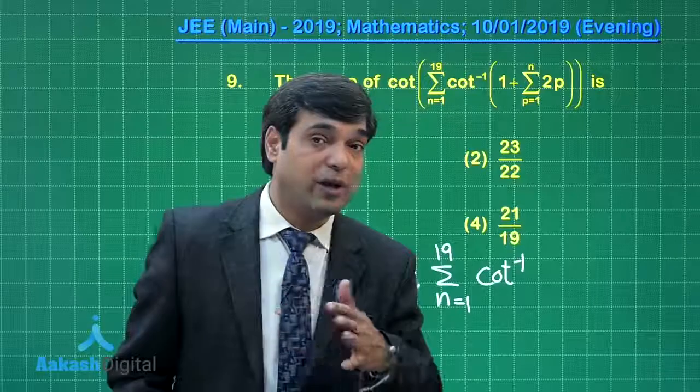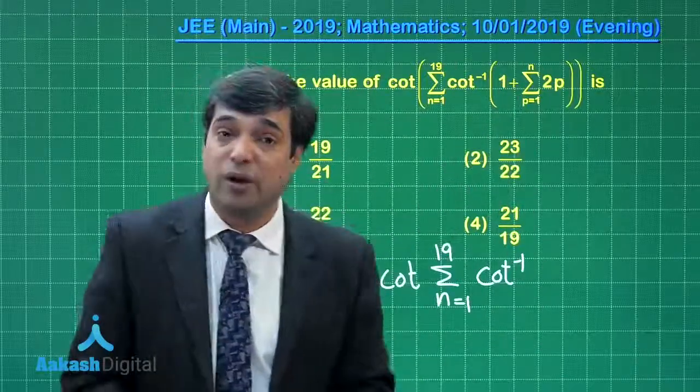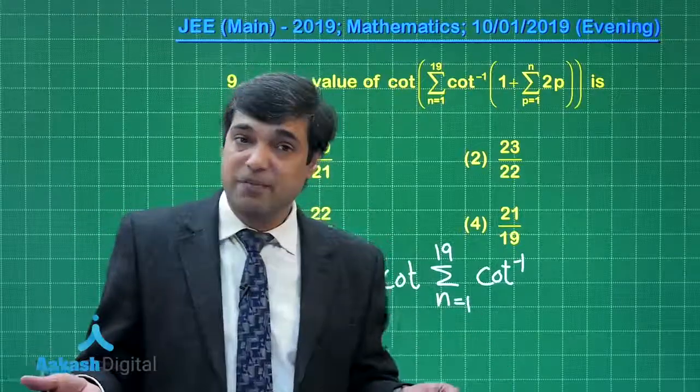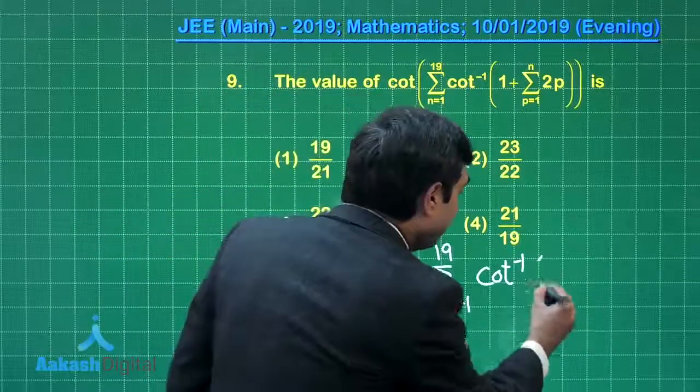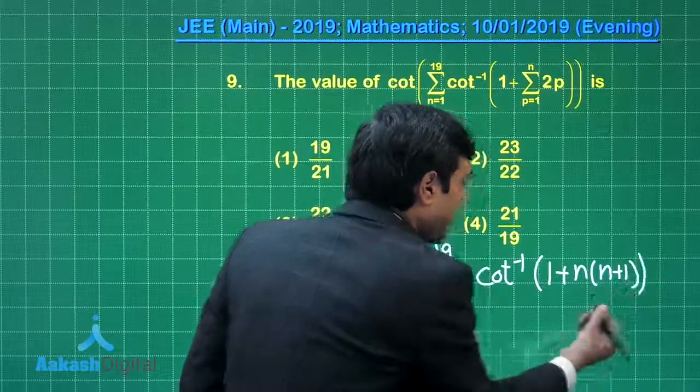When you put 1 to n, this becomes 2 plus 4 plus 6 plus and so on, sum of n even numbers, and what is that? n into n plus 1. So, you have the result here 1 plus n into n plus 1.